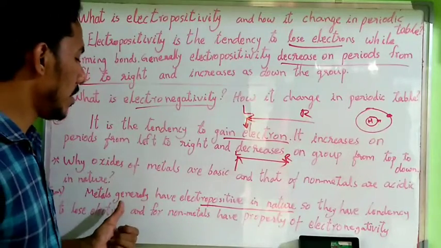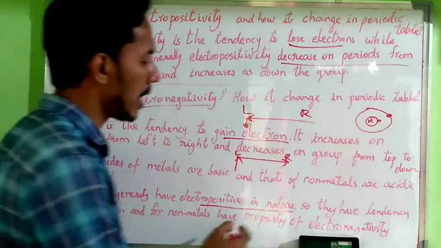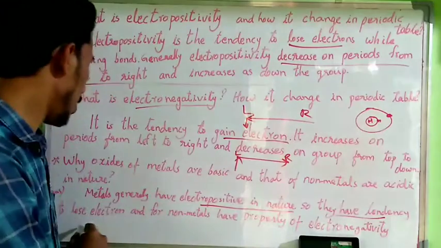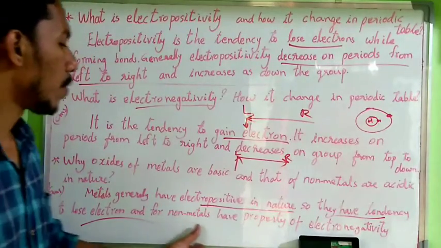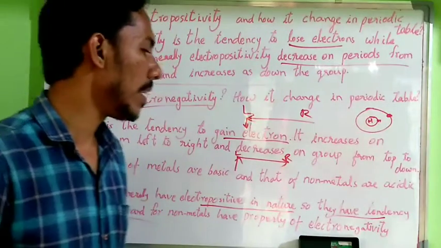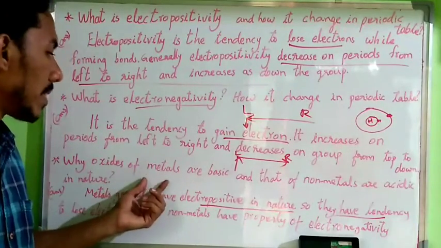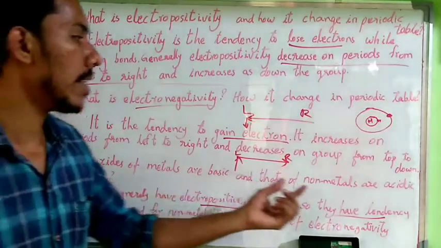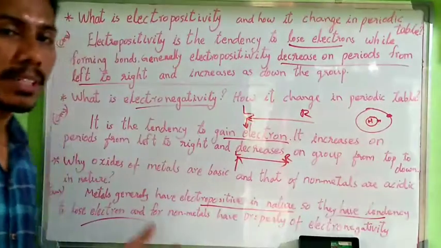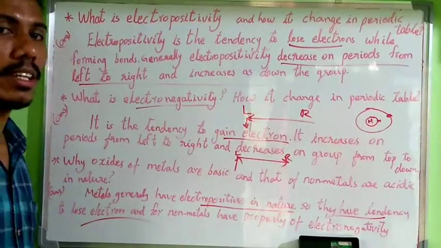So metals have a tendency to lose electrons, and non-metals have a property to gain electrons, that is electronegativity. That is why the oxides of metals are basic and non-metal oxides are acidic in nature.